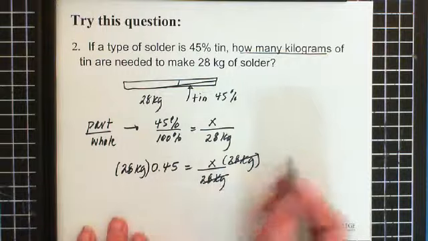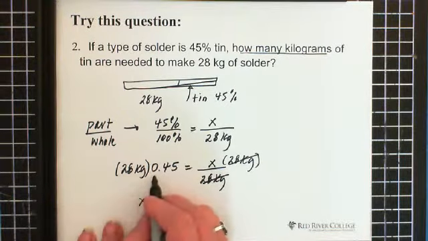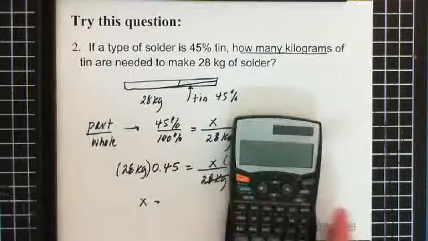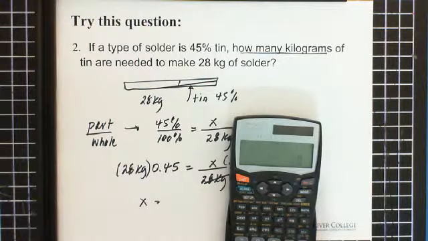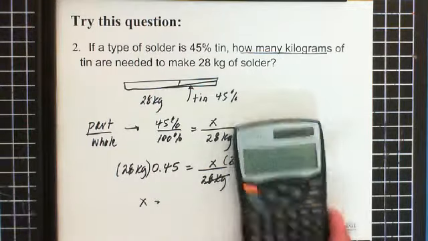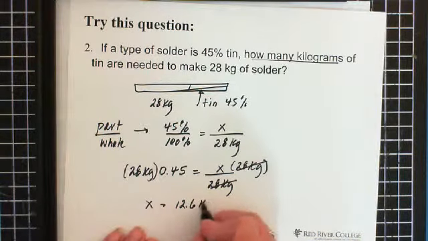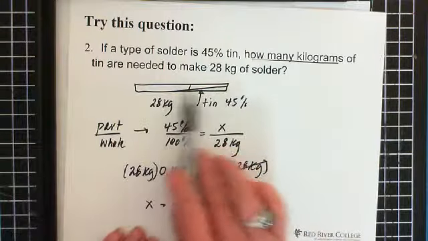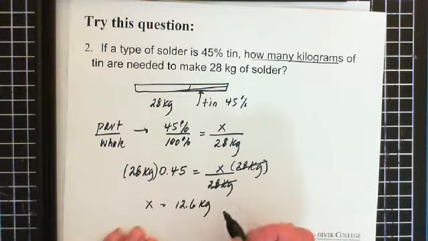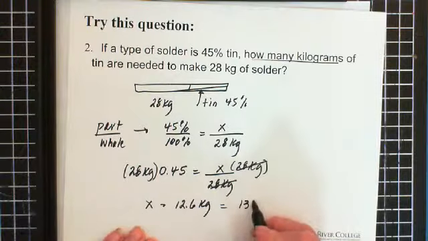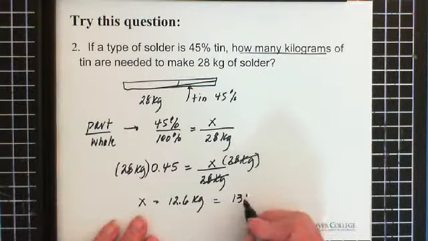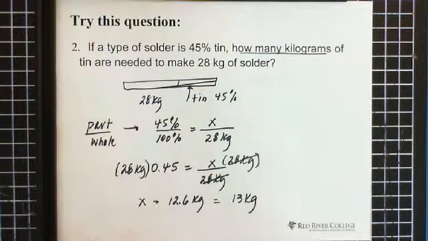These two cancel, and we have X equals 28 kilograms times 0.45. 0.45 times 28 equals 12.6. So 12.6 kilograms. And you can see as well that it has to be close to half, right? So this is a reasonable answer. And we have 2 sig figs, so we're going to go with 13 kilograms.